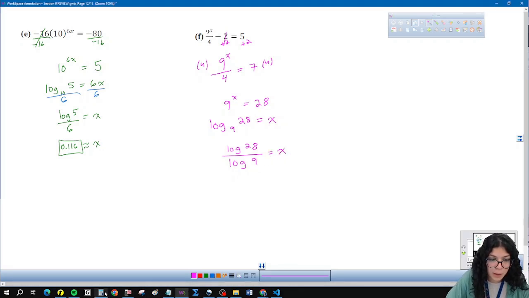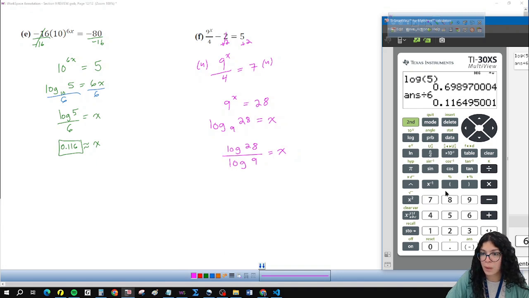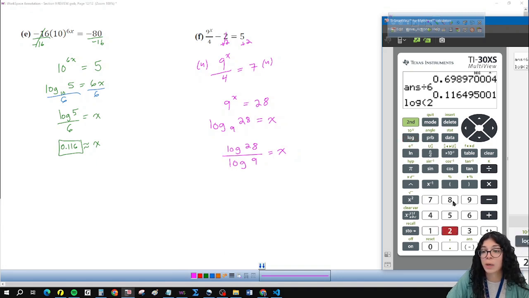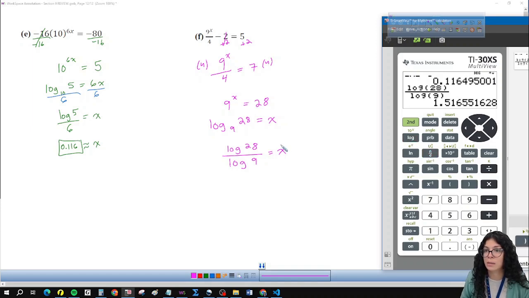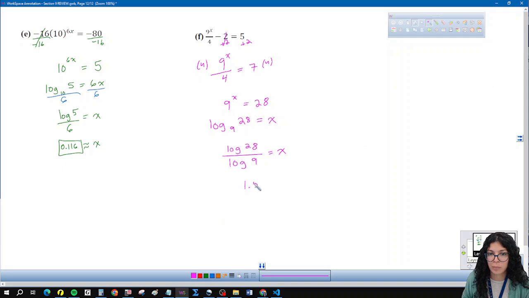So on my calculator, log 28, and then divided by log 9, and that gives me 1.517. So x is roughly that number.